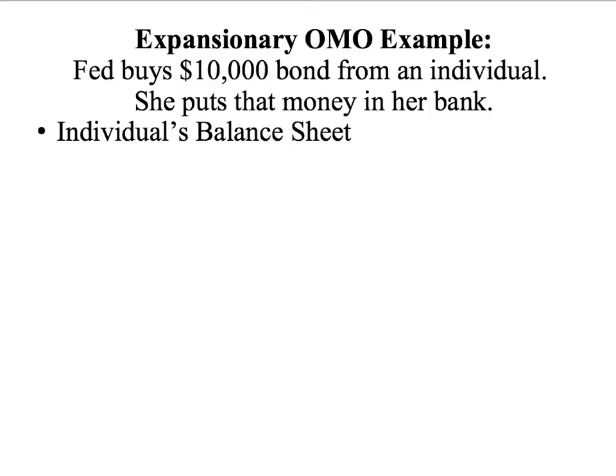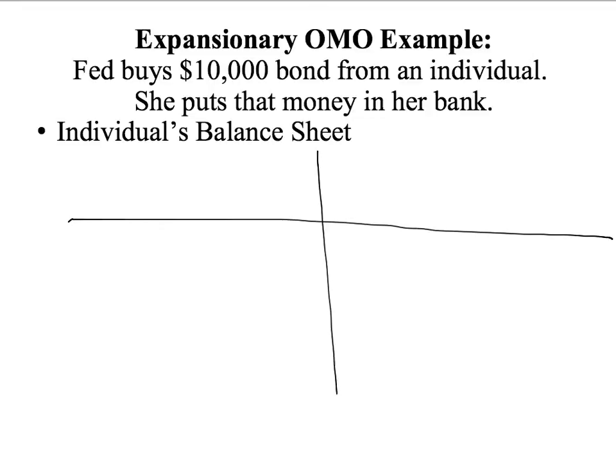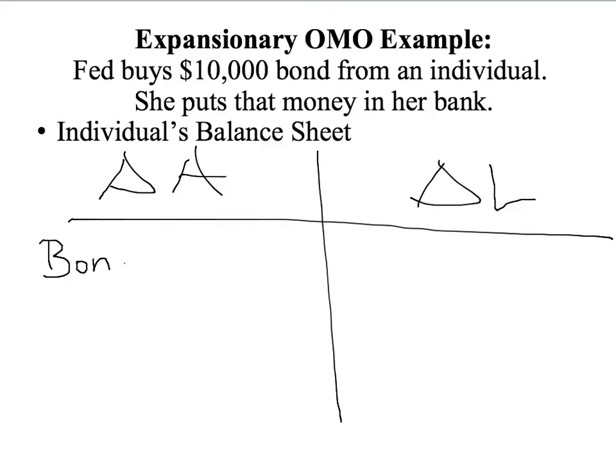What about the individual's balance sheet? Here we have her change in assets and her change in liabilities. What's her change in assets? She had bonds, probably treasury bonds, and now she's sold them to the Fed. So her bonds decrease by 10K.